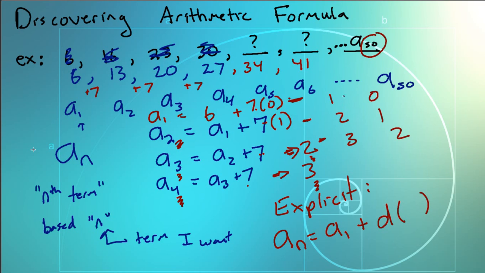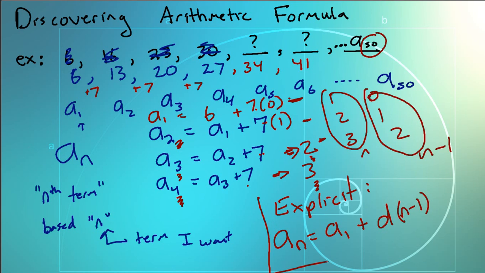So if this is n, then this is n minus 1. And that's how many times I multiply it. So n minus 1 gives us our explicit formula for an arithmetic sequence.